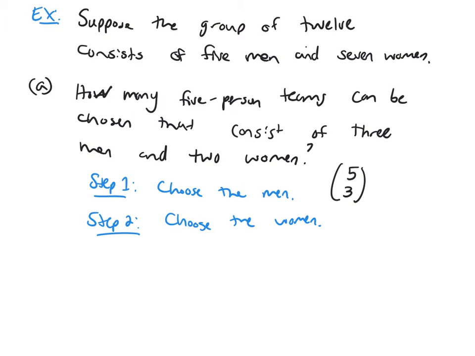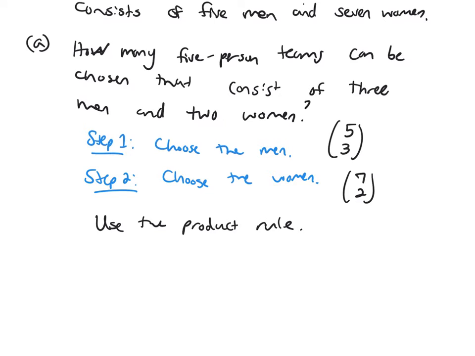Now, the women: there were 7 women, and I need to select 2 of them, so it'll be 7 choose 2. And then from here, you can use the product rule, because these two steps are independent. They have no overlap. Selecting the men and selecting the women are separate things. So you're going to multiply 5 choose 3 and 7 choose 2.